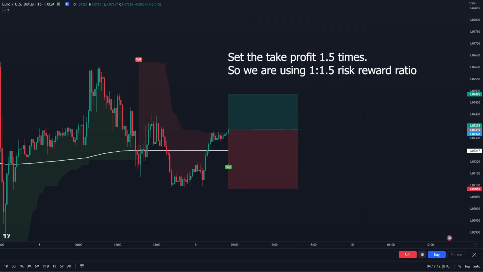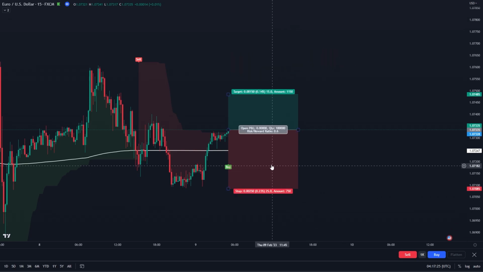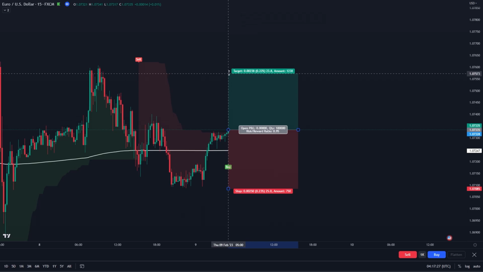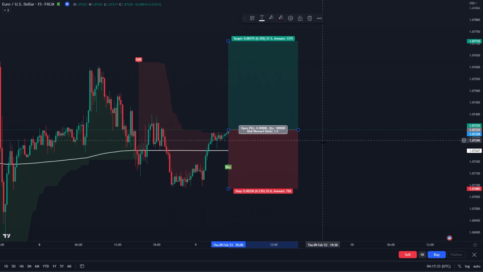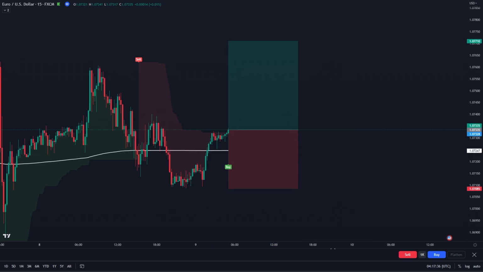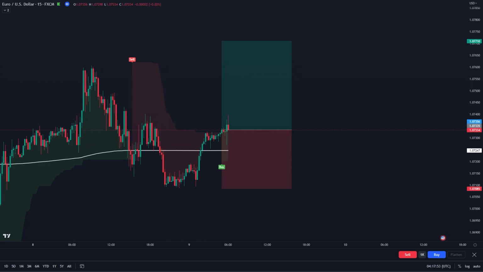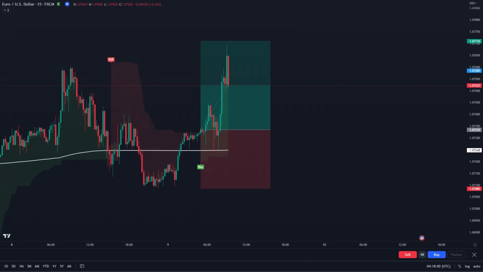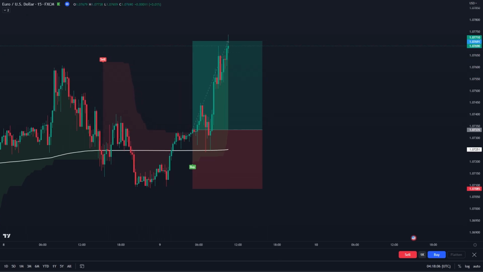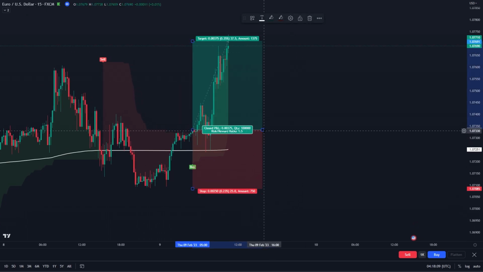Set the take profit at 1.5 times, so we are using a 1-to-1.5 risk reward ratio. Let's see the result of our setup. This setup hit the take profit.